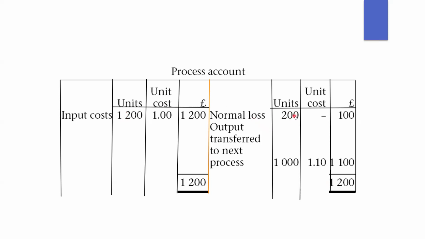Then this can be sold at 50 cents each, so we are getting 100 pounds as the normal loss scrap value. Then we have used a formula to calculate the cost per unit, that is 1 pound and 10 penny. When we multiplied it with the relevant quantity as the output transferred to the next process, we get 1100. So you can see both debit and credit sides are balanced.